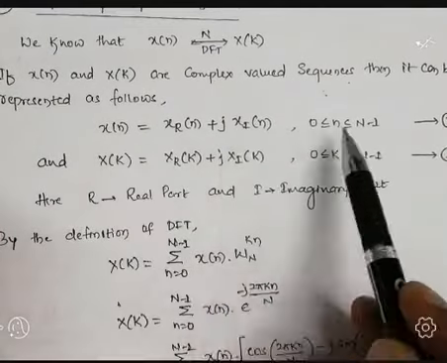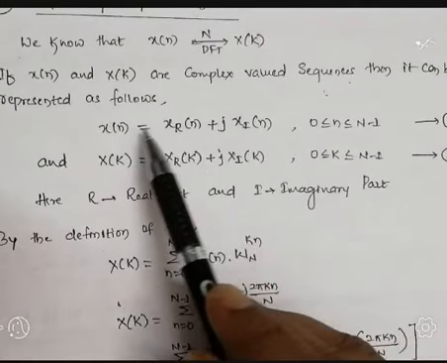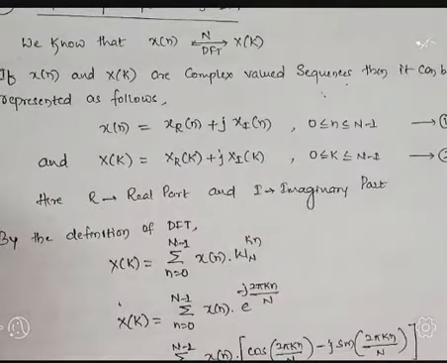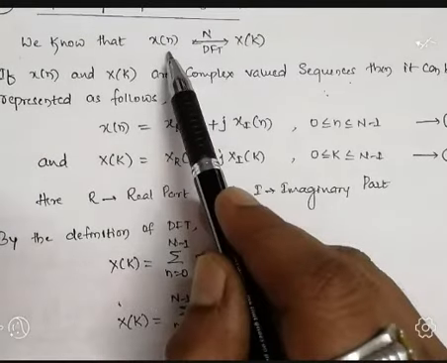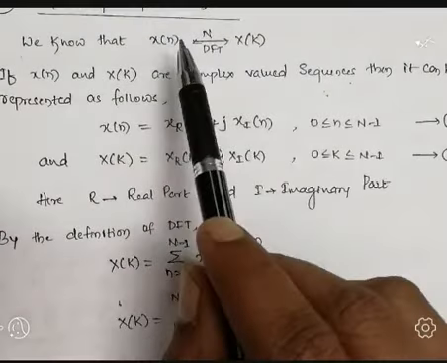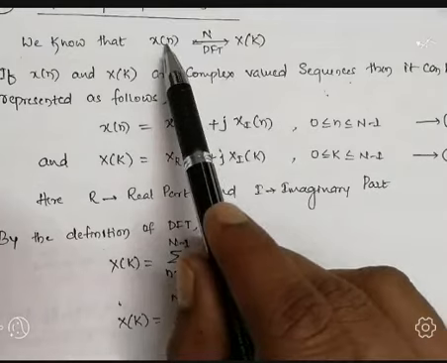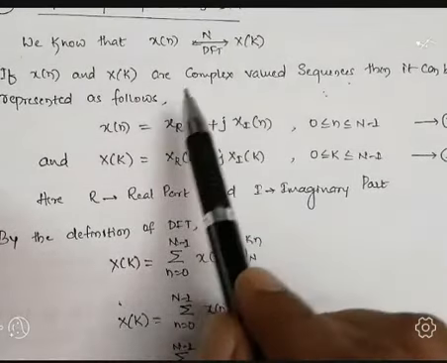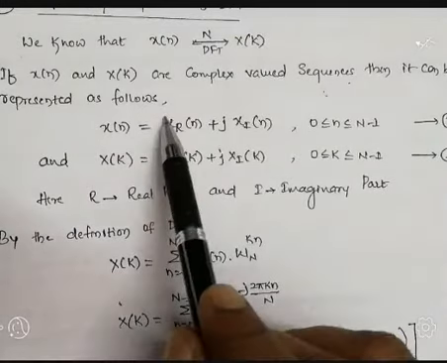Here n varies from 0 to N minus 1. Once again I'll repeat. If the sequences form a DFT pair, and both the discrete time sequence and x of k are complex valued, then each is a combination of real part and imaginary part.